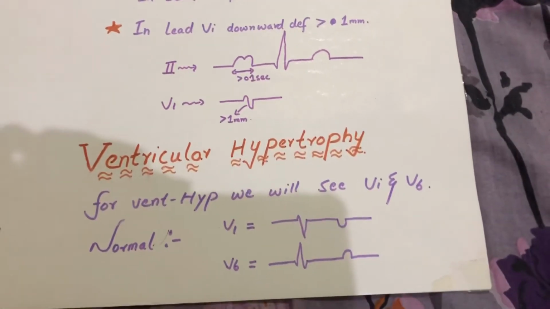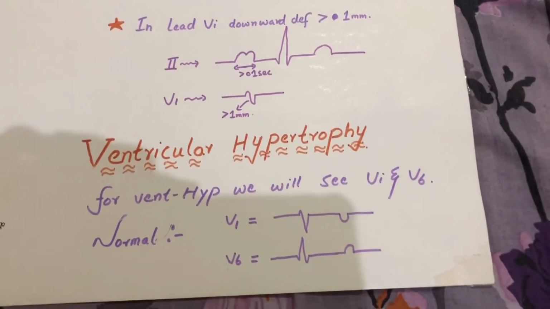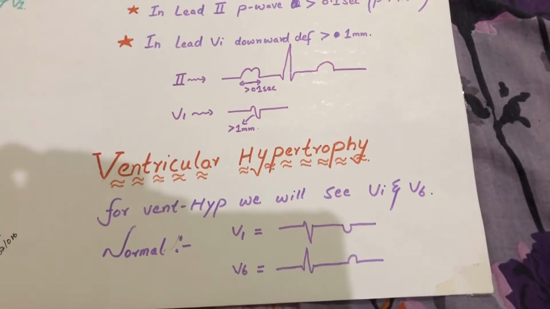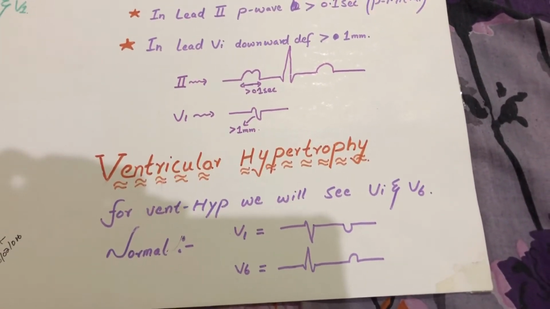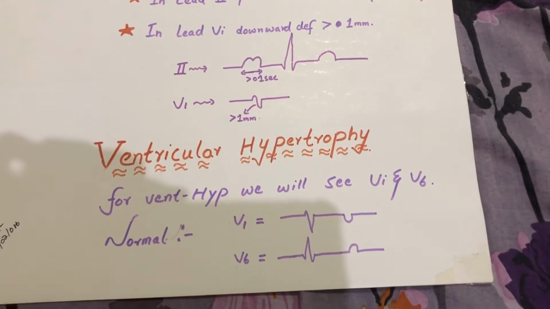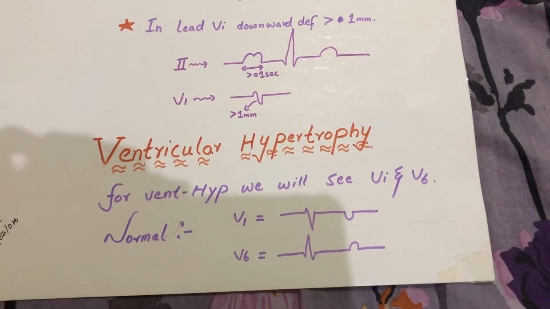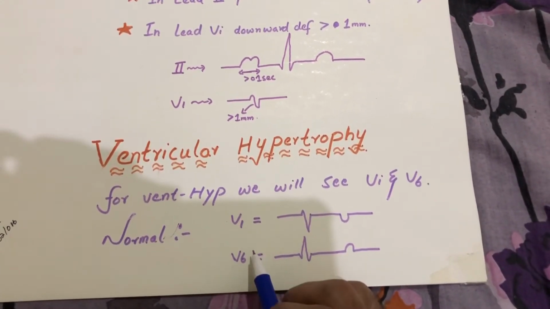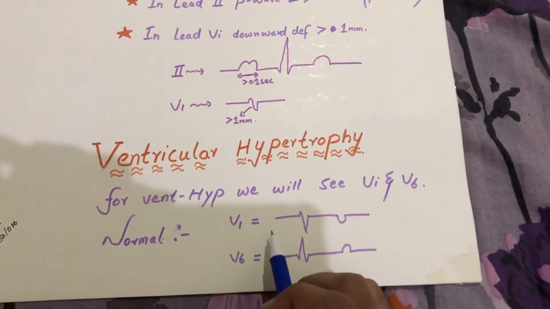Let's jump towards ventricular hypertrophy. We were using lead 2 and V1 for atrial enlargements. Here we are going to use leads V1 and V6 for ventricular hypertrophies. The normal ECG waveforms of V1 and V6 are here.